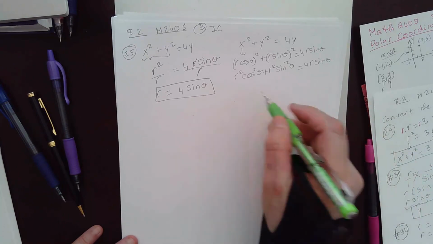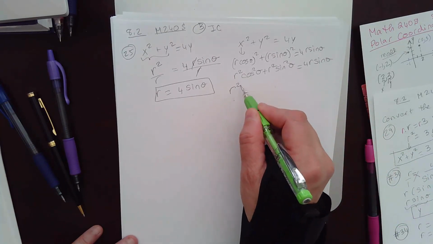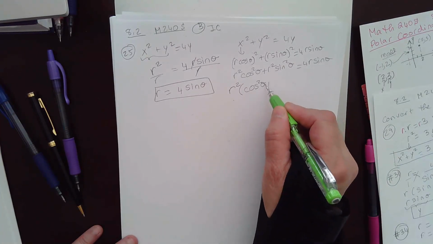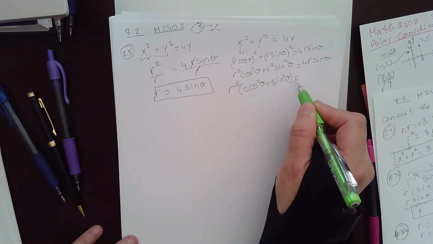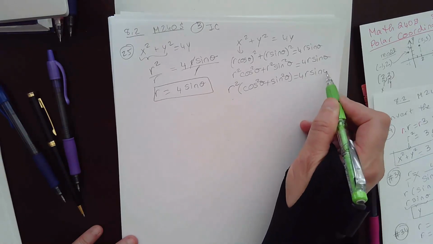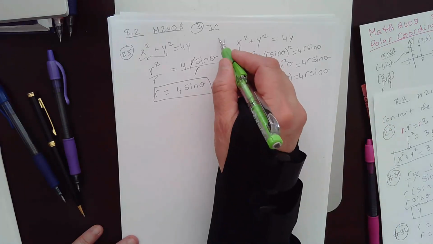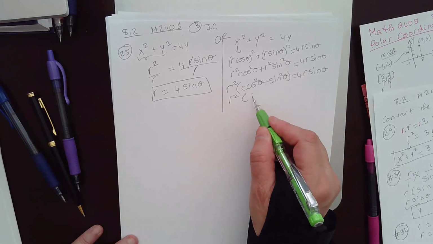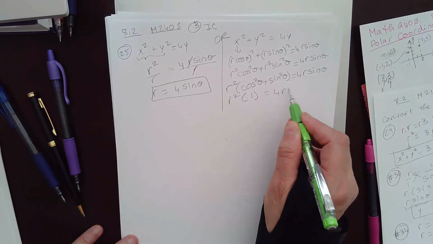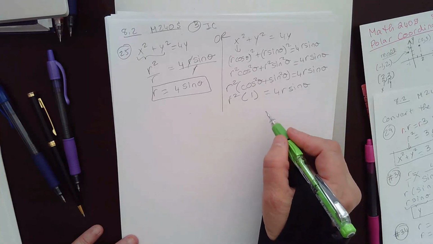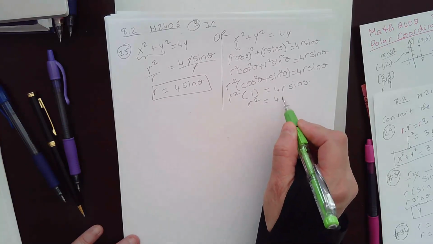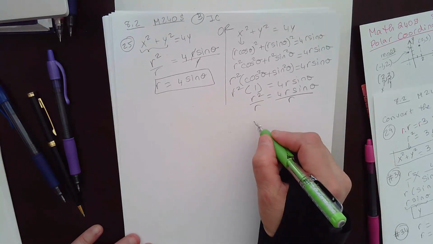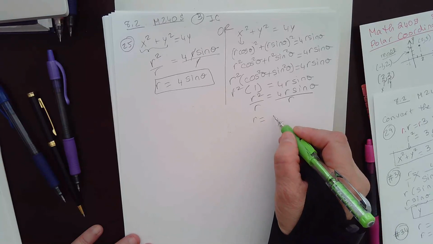If you factor out the r squared, you're going to end up with cosine squared theta plus sine squared theta. Remember, cosine squared theta plus sine squared theta is 1, so r squared equal to 4r sine theta. Divide by r, and what do you get? You get r equal to 4 sine theta.